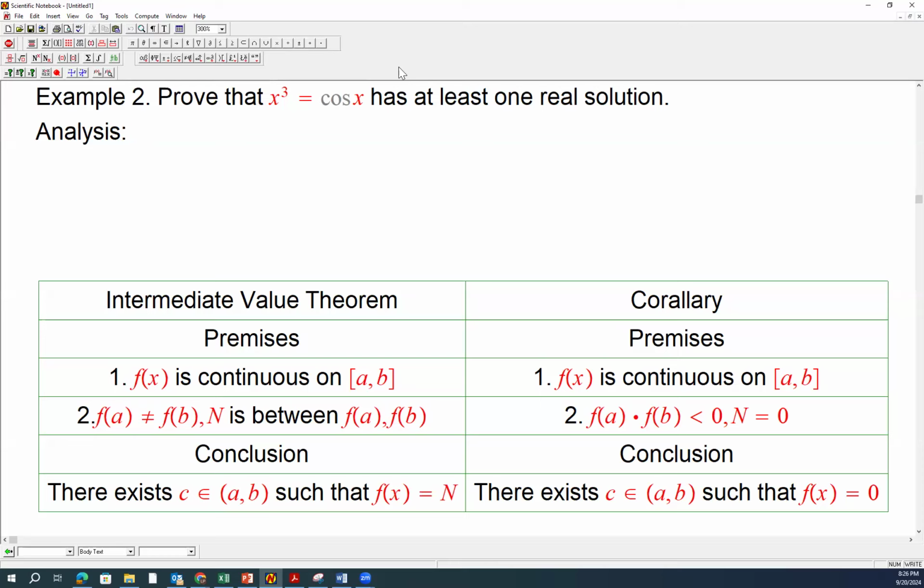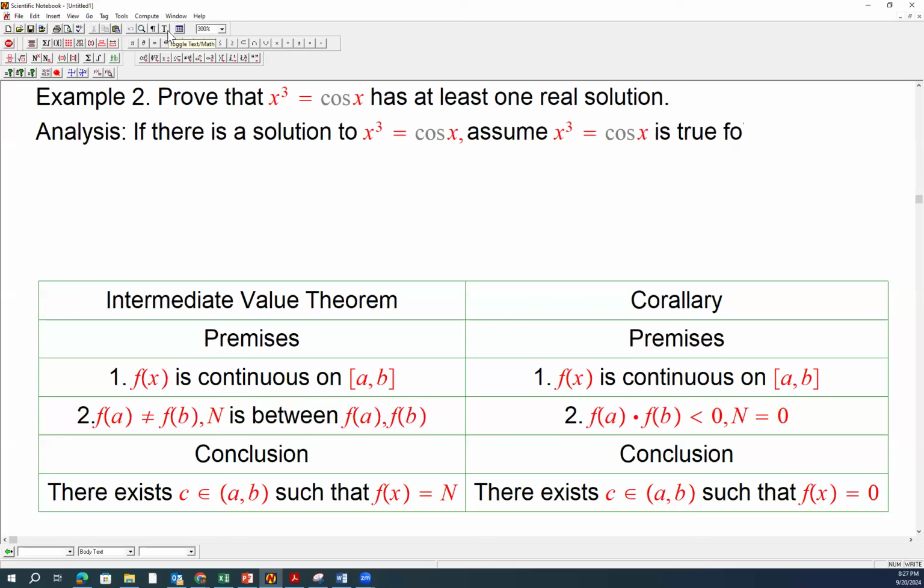So that's why we say, if there is a solution to this equation, that means a certain number makes it true. So assume it is true for some x.